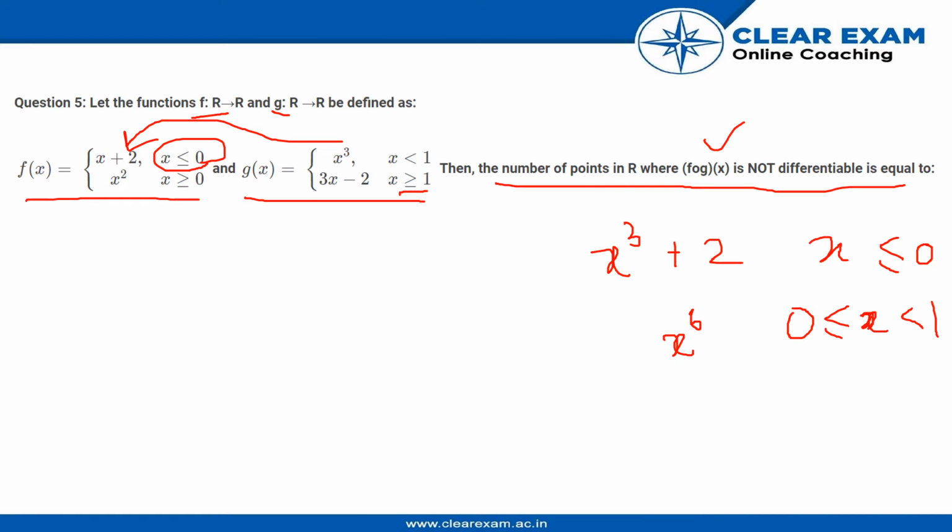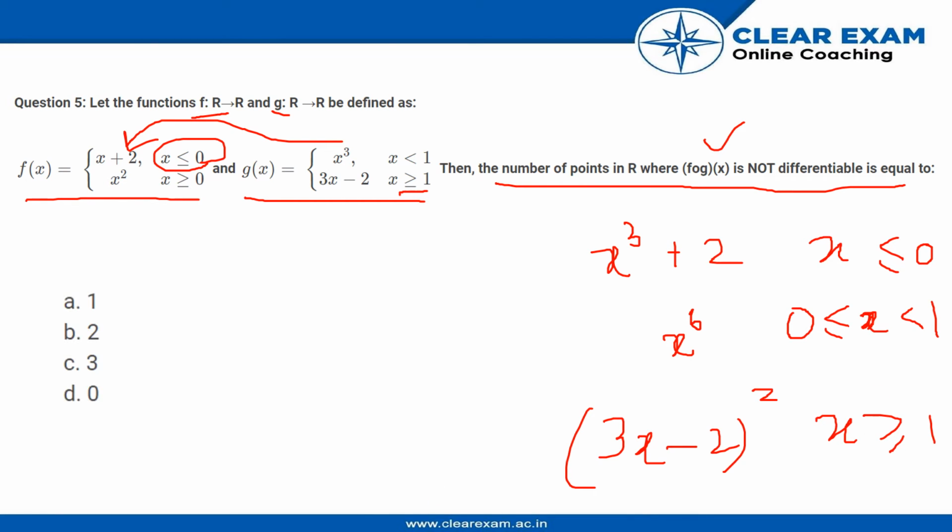So we put 3x minus 2 in x square and we get 3x minus 2 the whole square, and the range is x greater than or equal to 1, because the values between 0 and 1 are already covered.